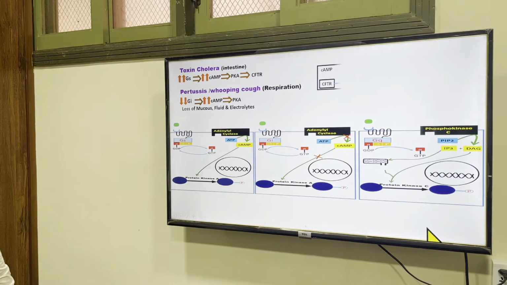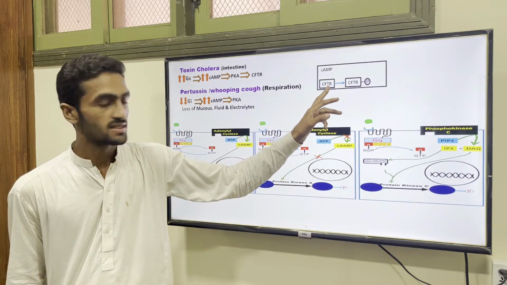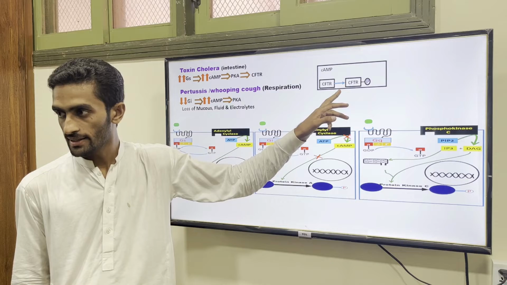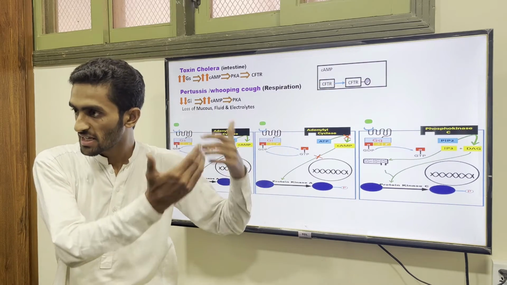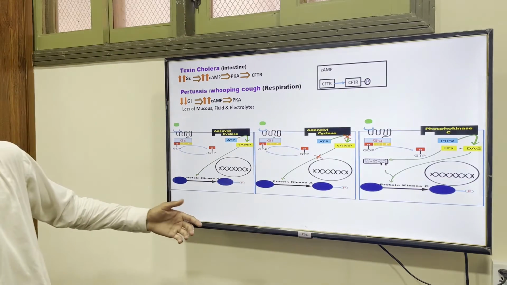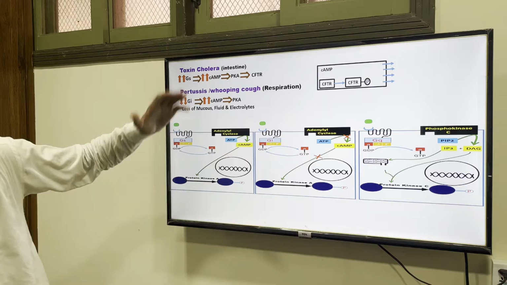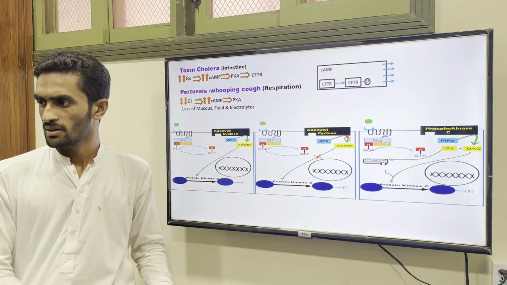If you look here, for example, cyclic AMP is activated more, which will phosphorylate this CFTR, because we have discussed that PKA function activates the CFTR. When they activate it, what do they do? They cause the release of a lot of electrolytes: water, chloride, potassium.